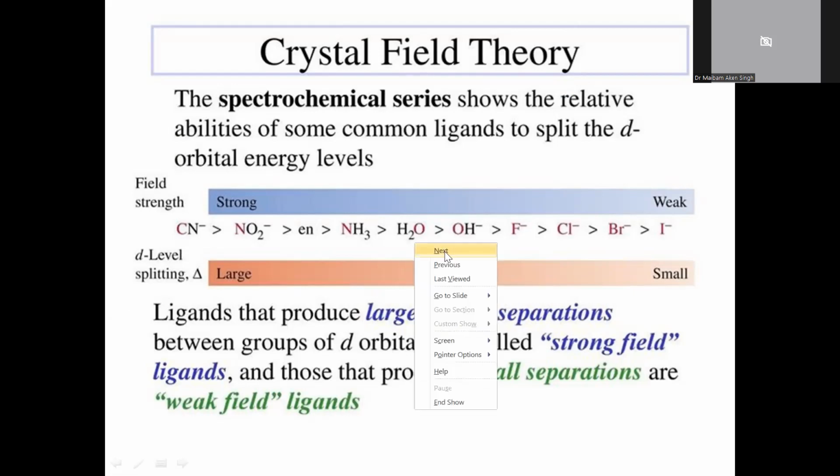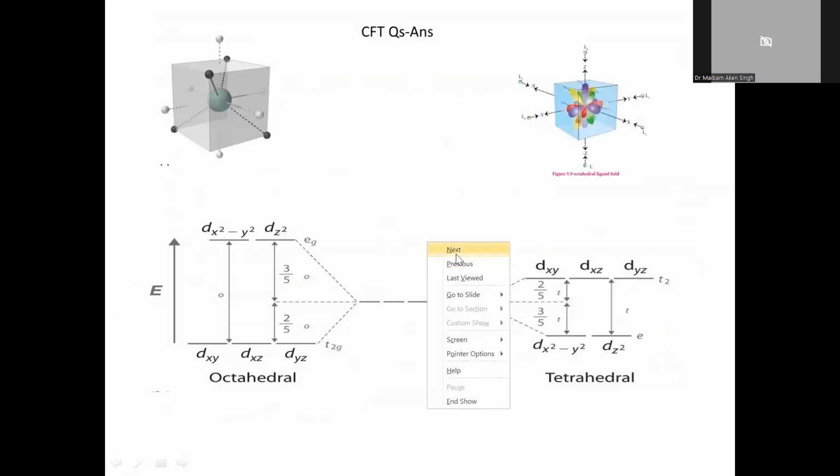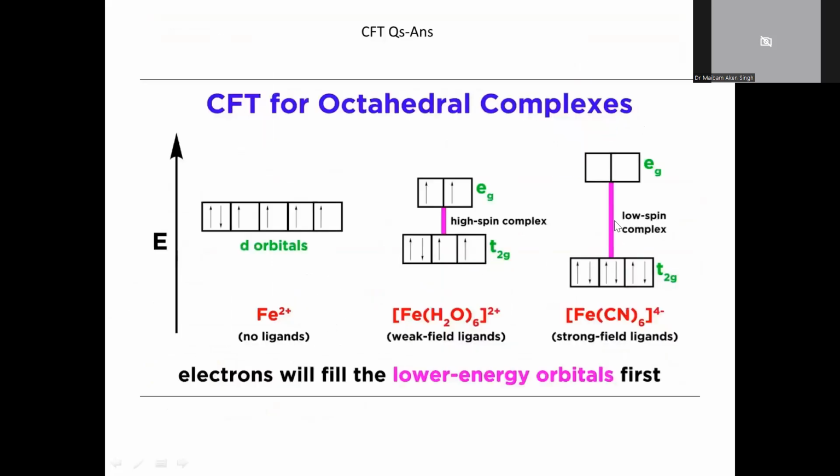So in this case, the gap between the doubly degenerate orbital and the triply degenerate orbital is very large, and in this case very small, due to the different strength of the ligand. Water and CN are different ligands, CN being more powerful and stronger.